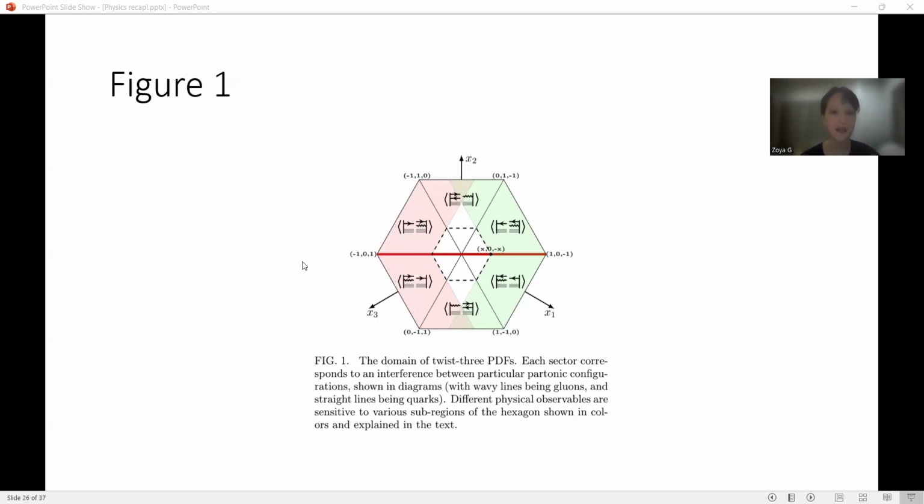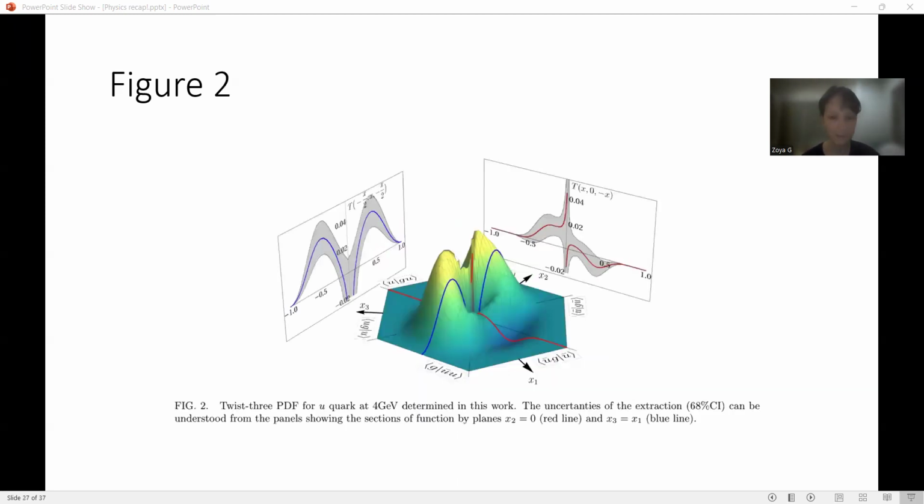Okay, so this hexagon then comes up in figure 2, as shown, with the overall parton distribution function being drawn over it by taking the 2D graphs of the PDF with certain sets of parameters.